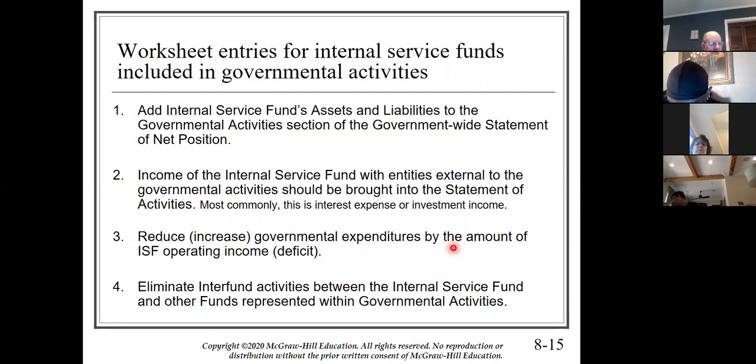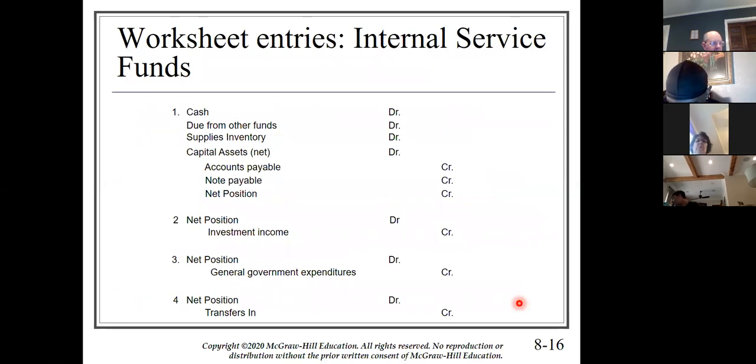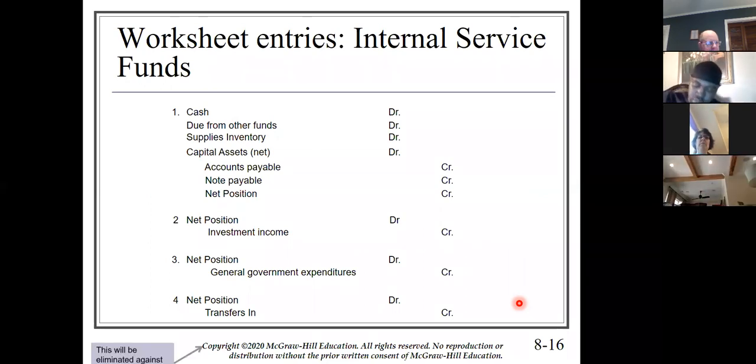So that's counting the same thing twice. So they have to eliminate that in all those activities between the internal service fund and the governmental activities. So here they give journal entry examples, but the ones that they have in the textbook are better because they've got numbers and you see where the numbers are coming from.